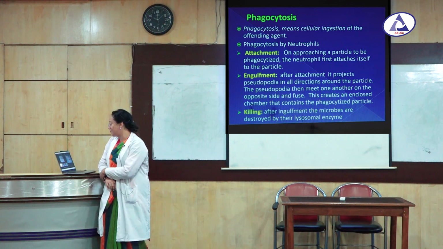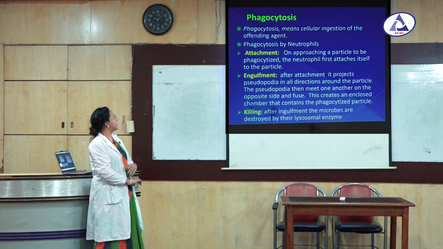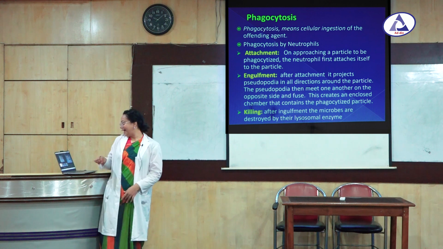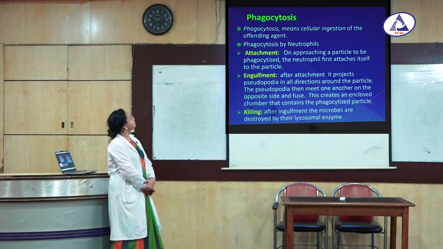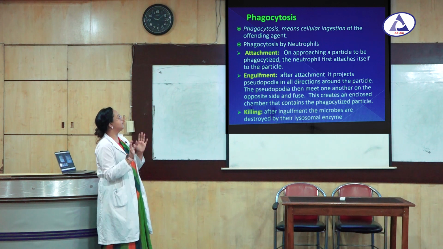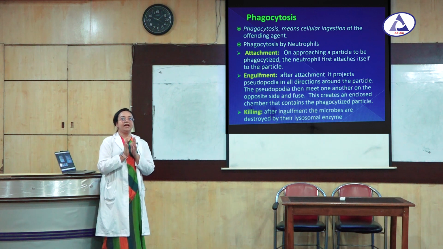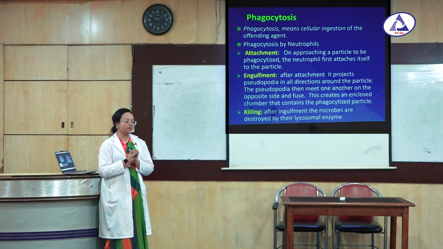Okay, phagocytosis by neutrophils. How does it occur? First step is attachment, then engulfment, then killing. Attachment: on approaching a particle to be phagocytosed, the neutrophil first attaches itself to the particle.